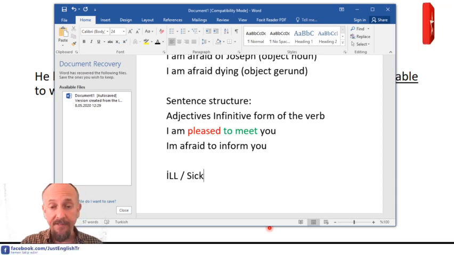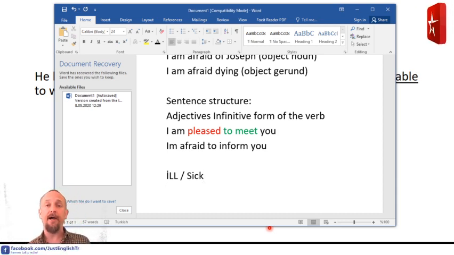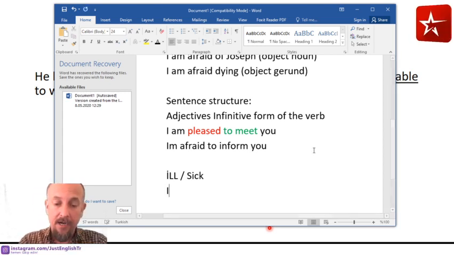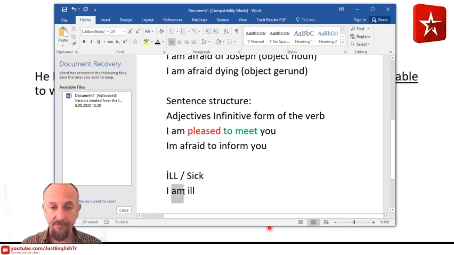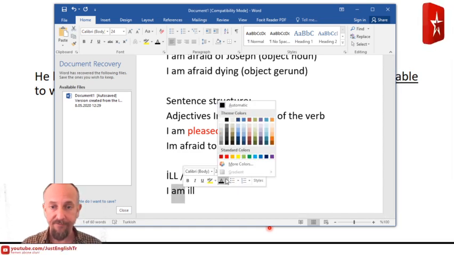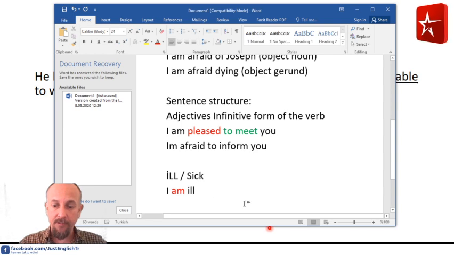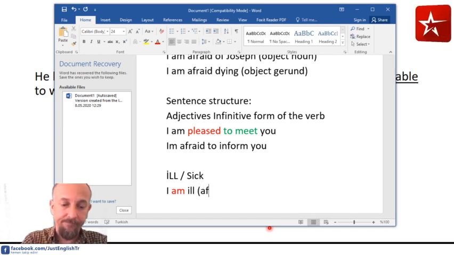And they're often used incorrectly by native speakers too. Now, ill, actually, I am ill, is the correct use. Ill we use after the verb to be: am, was, were, or will be. I am ill. We use it after the auxiliary.